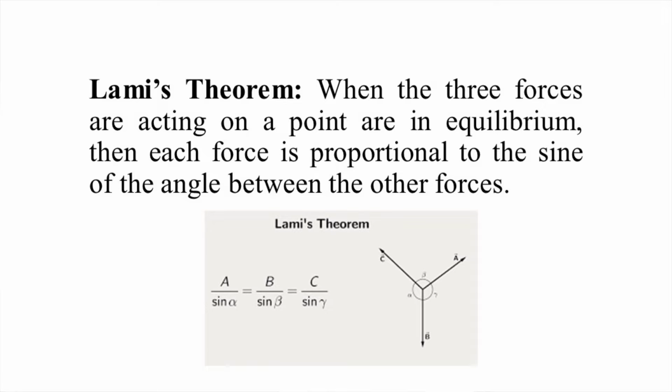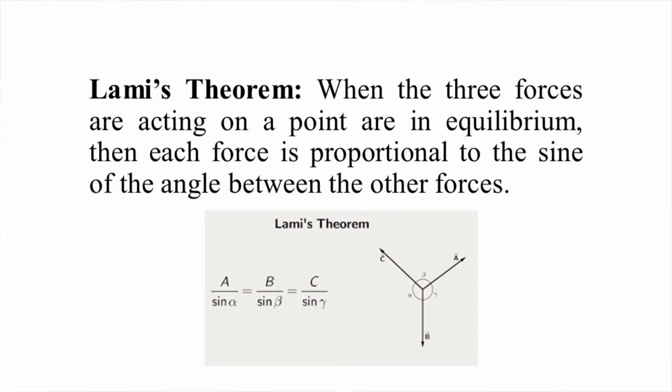Consider three forces acting on a point: forces A, B, and C. Alpha is the angle between forces C and B, beta is the angle between forces A and C, and gamma is the angle between forces A and B.